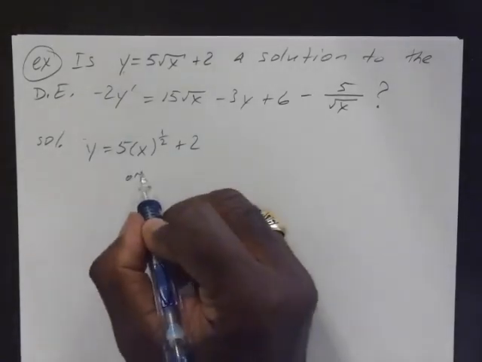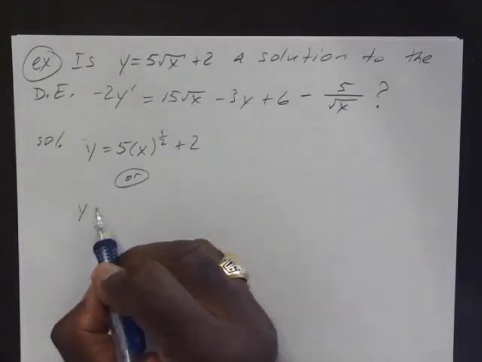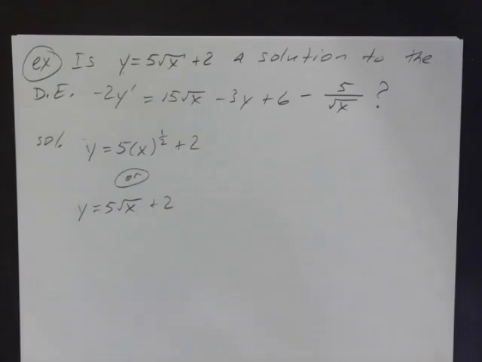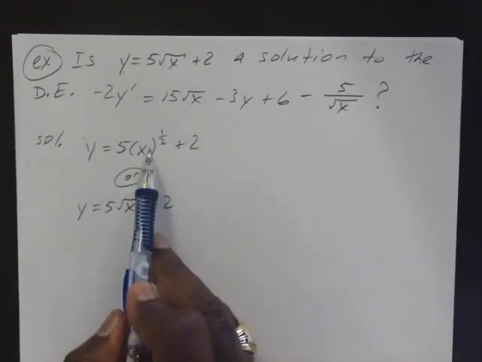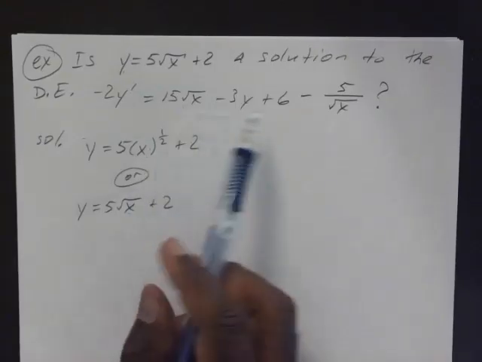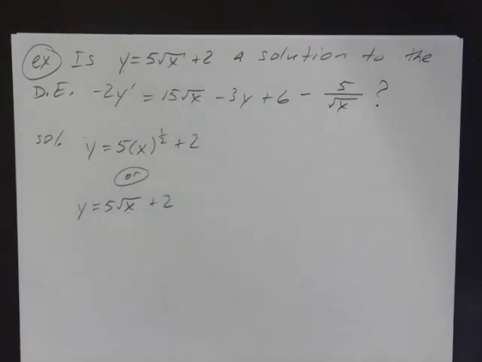Or you can write it the original way, doesn't matter, completely up to you. Now when I'm differentiating, I'll do it in this form, but when I'm plugging it in, I'll have it in this form, only to cancel out whenever it's necessary.